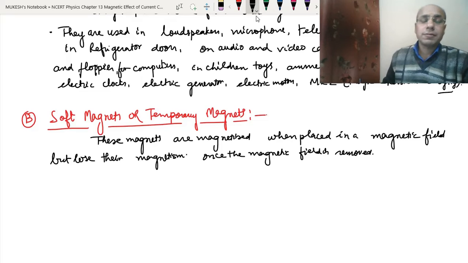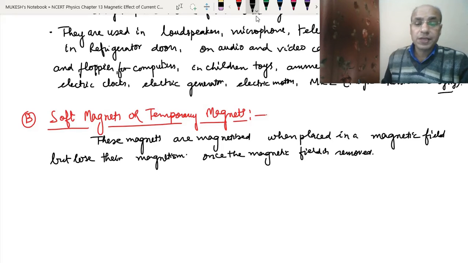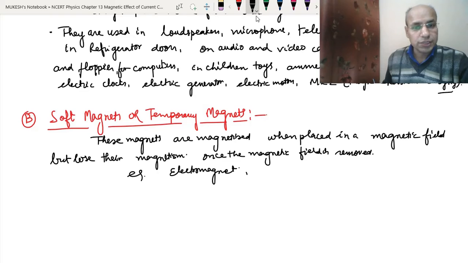Like you can see, if we make an electromagnet, that is a temporary magnet. Clear? For example, the electromagnet is a temporary magnet that we will study later. And suppose we keep an iron nail near the magnet, this iron nail also gets magnetized, so it can also attract pieces.